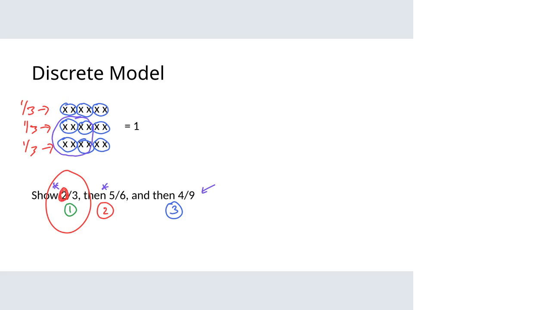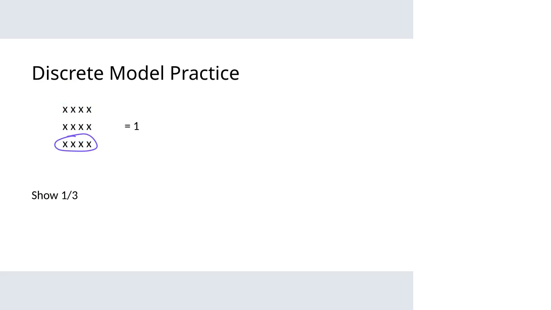But the first thing I focused on was the denominator. And then when we did the second one, it was 5/6. How can I find out where the sixths are? Those are in the columns. Okay, now I know where the 6 are. I'm going to identify 5 of those. We started with the denominator and then worked on the numerator.